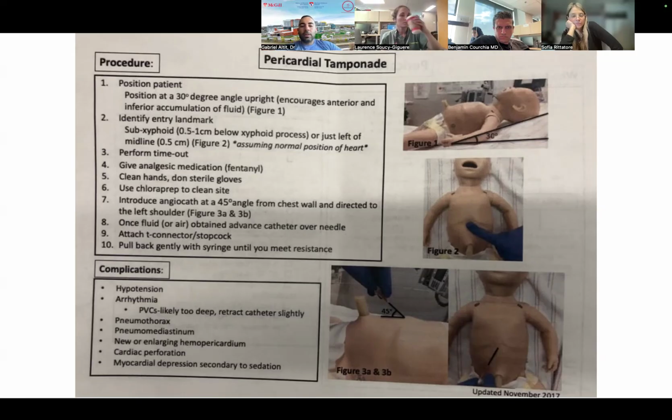The risks are obviously that you create an arrhythmia, that you induce a pneumothorax or pneumomediastinum, that you develop a hemopericardium, that you create a cardiac perforation, which is very rare if you do the procedure with the peripheral IV set. And you can sometimes have myocardial depression if you give medications or if you have been a long time without appropriate coronary perfusion.